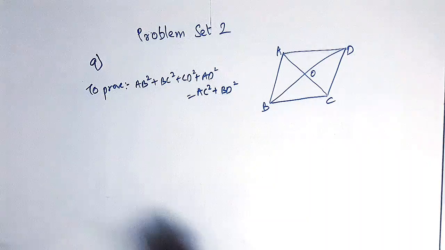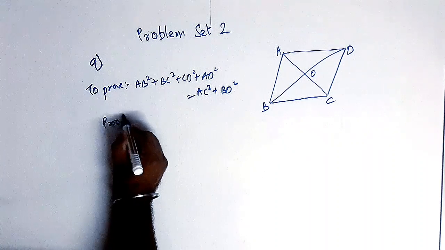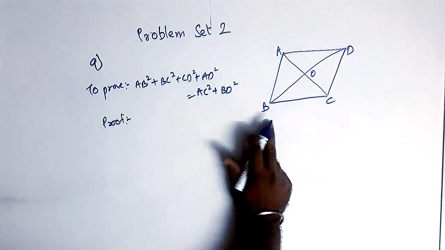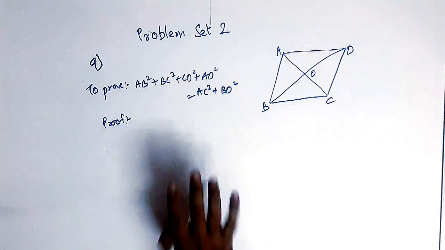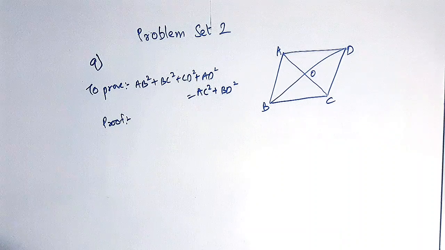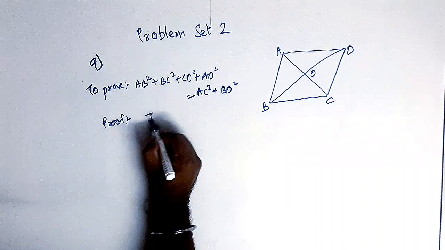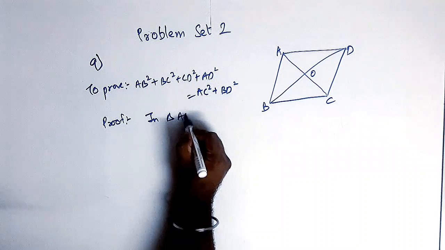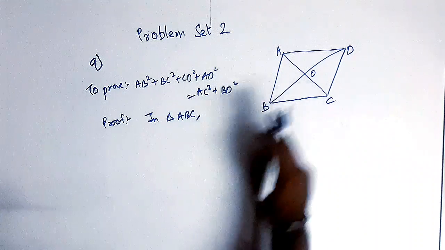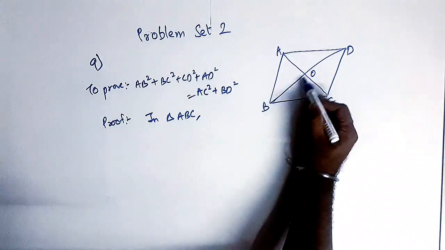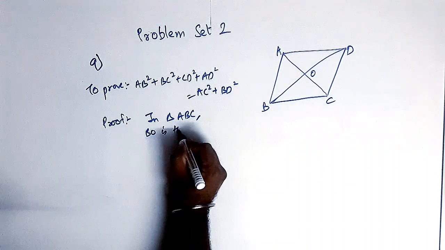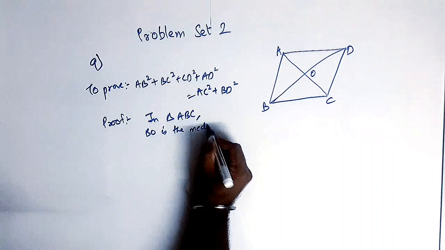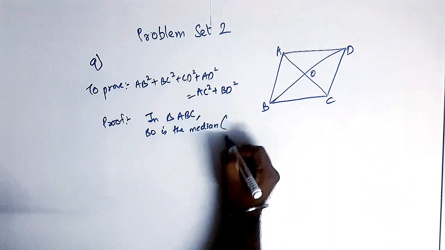Now you know that in a parallelogram the diagonals bisect each other. Bisect means divide in two equal parts. So if I take triangle ABC, can I say BO is the median? Yes, BO is the median. Why?